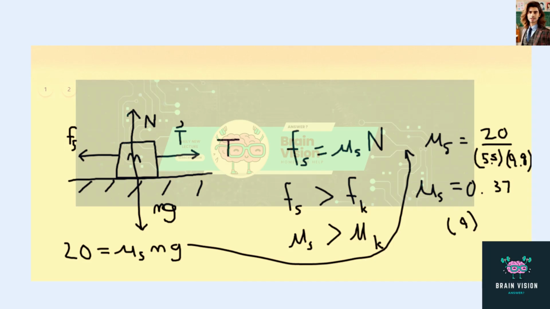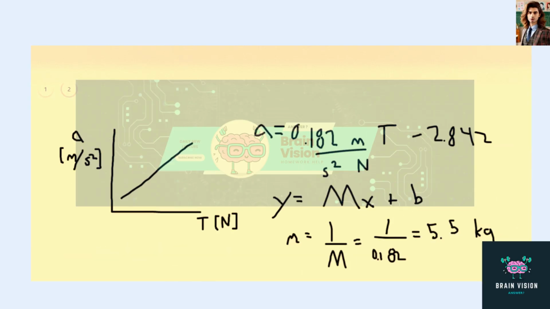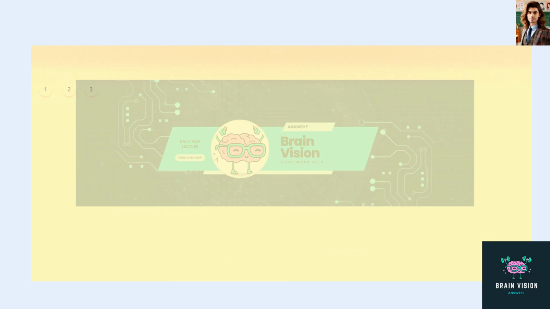Part B asks for the coefficient of kinetic friction, which we can get from the y-intercept here. Because once the block is moving, we apply Newton's second law, which we know in general that the net force on an object, F net, which is a vector, is equal to the mass of the object, m, which we solved for, now we know it's 5.5, times the acceleration vector, so the force in that direction.